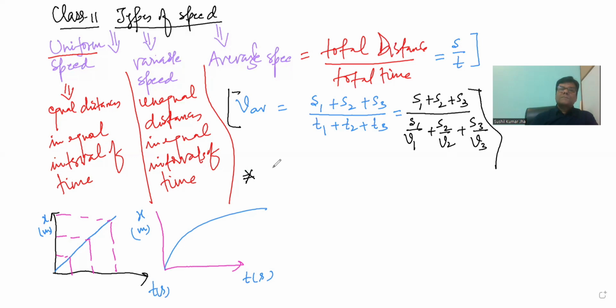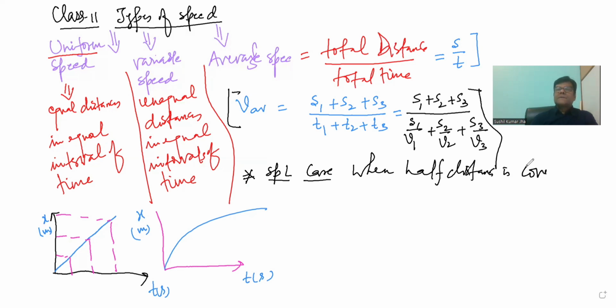Now some, let's say, special case. Special case is when half the distance is covered with v1 velocity and the next half with v2.